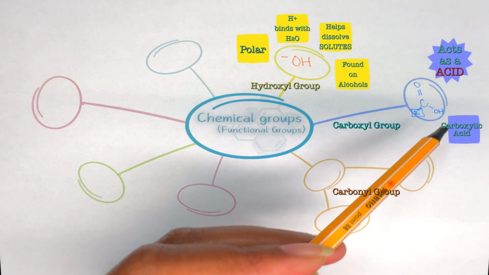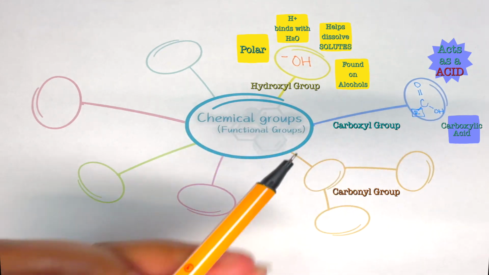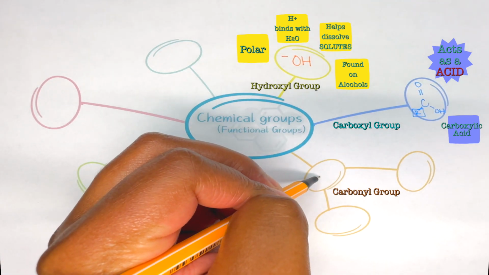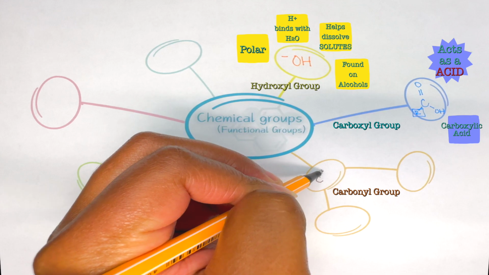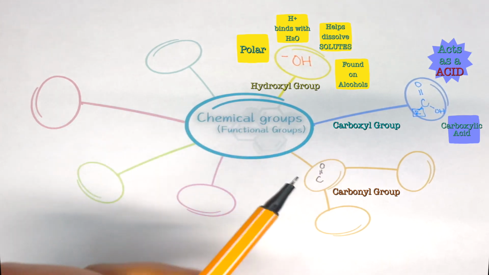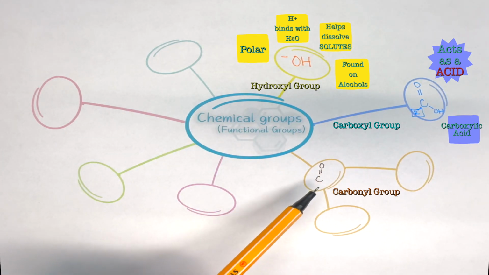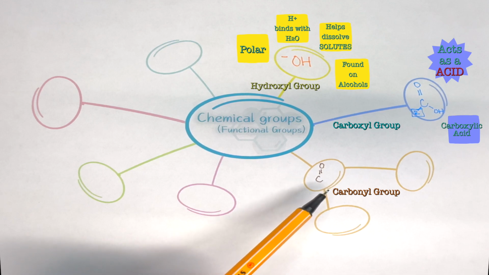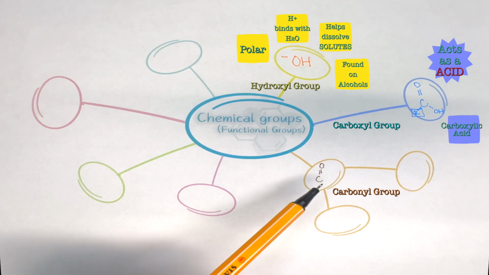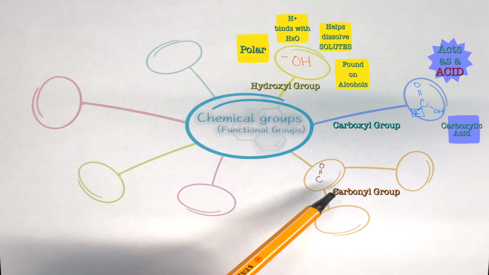Next up, we have the carbonyl groups. Just like the carboxyl group, we have the carbon double bonded to an oxygen. But when it comes to the carbonyl group, it could come in two different forms.